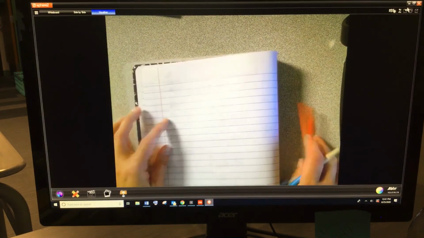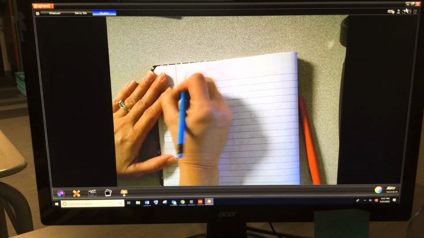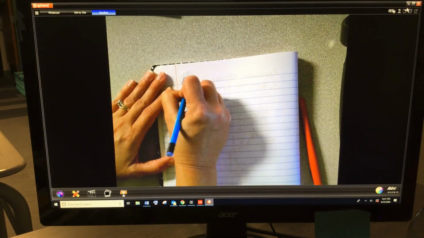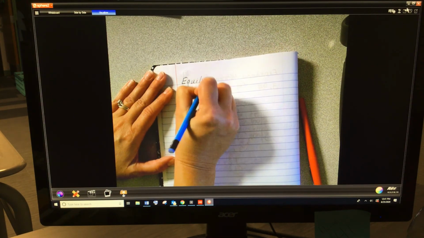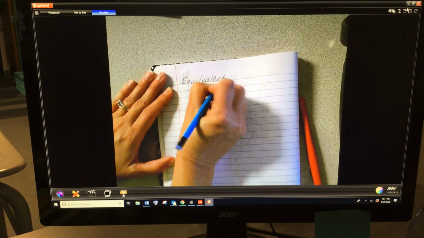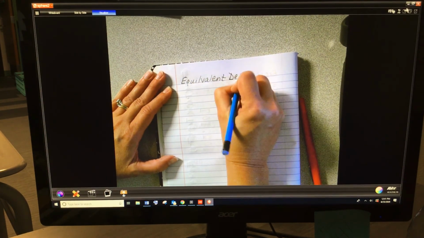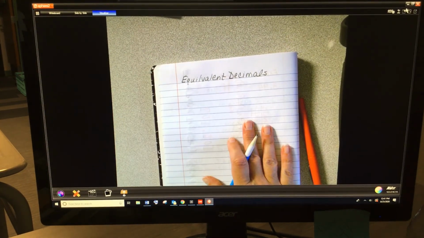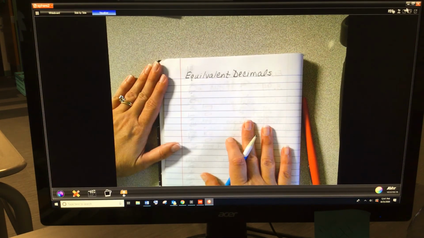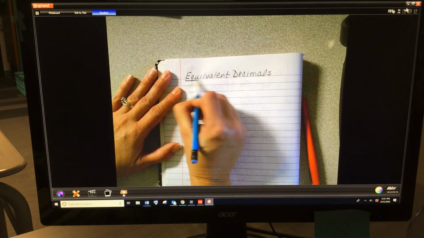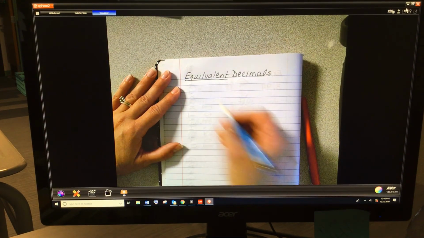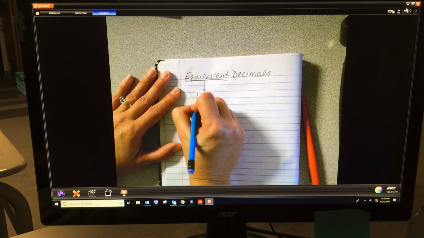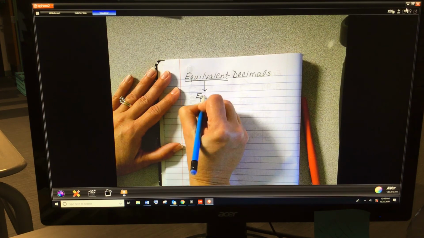Okay, we need to talk about the word equivalent. Equivalent. As we grow in math, our vocabulary gets bigger. And in this situation, equivalent is a bigger term for the word equal.